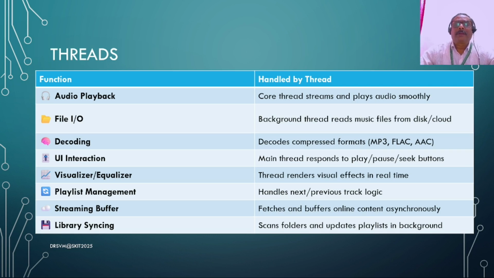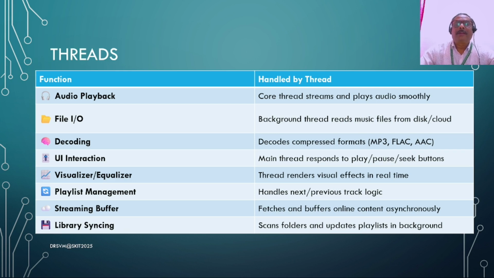This whole thing in fact is one process for the user. It's just a music player, but the music player is performing so many activities, so we cannot have a different process for each activity. So what we can do is have a small component of each process and call it a thread.